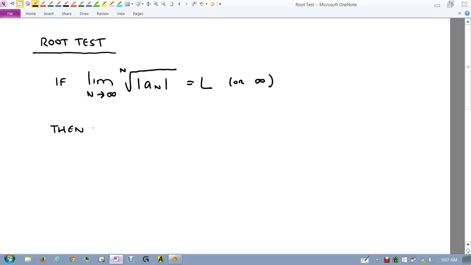L less than 1 means what? Convergence. And L greater than 1 or infinity is divergence.